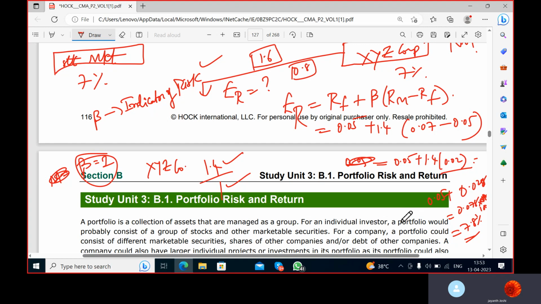1.6 and 0.8, right? 1.6 is the beta. Sorry, 1.6 is the beta. Yes, that's a beta.